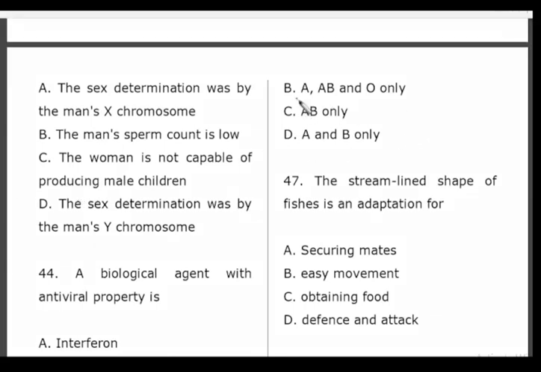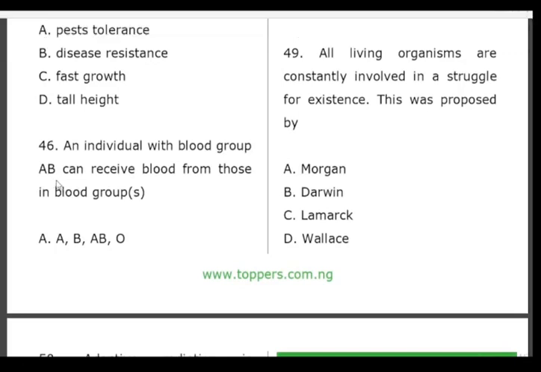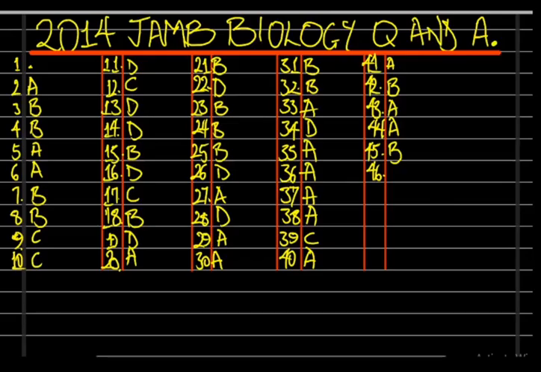That means that B is excluding blood group B. Then option C says AB only, and option D says A and B only. Now we look at this particular question, we will discover that the blood type we're actually talking about is blood group AB, and blood group AB is a universal recipient.